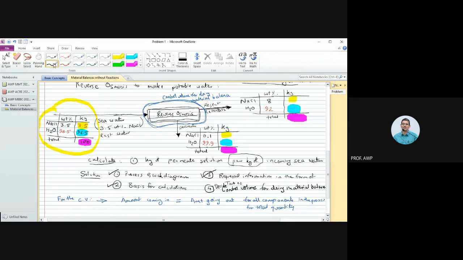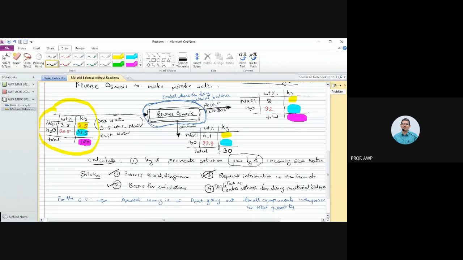So let's just say, can I say that the total amount of the solution, the permeate stream, suppose this total amount is 30 kilograms. If this total amount is 30, so just have patience. Okay, I know what I'm doing is not proper.